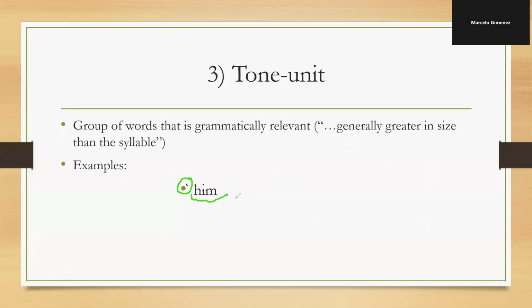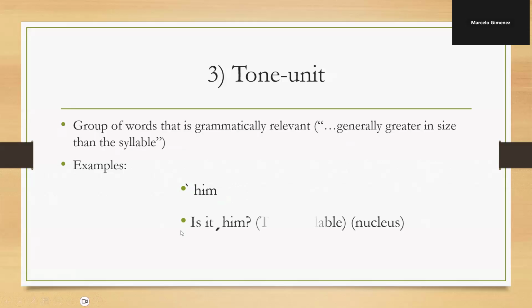Some phoneticians say that tonic syllable is a better name because it refers to a healthy syllable. It is actually the syllable that gets a pitch movement. It is the most important one in the unit, the one where all the meaning will concentrate.